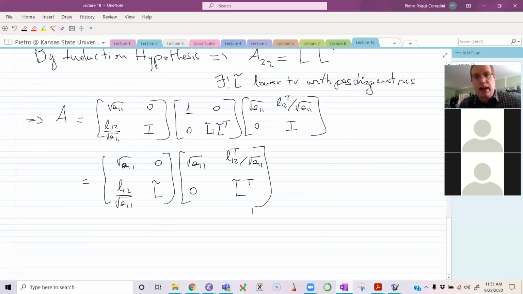Yeah, because we can split, as Justin was saying, we can split this as a multiplication of two diagonal matrices. And then we can give one to this and one to the other one. So yeah. All right. And with that notation, then this is just L.